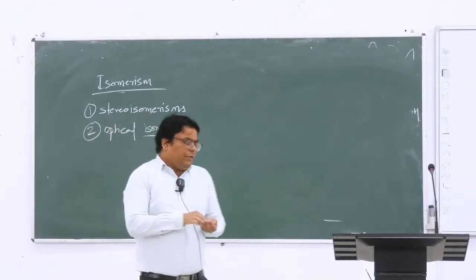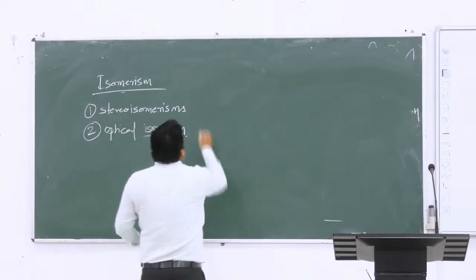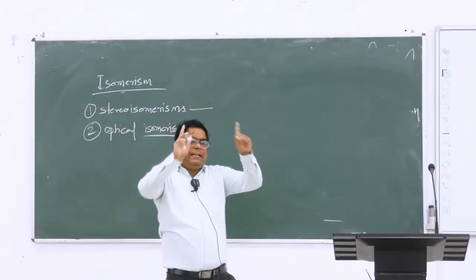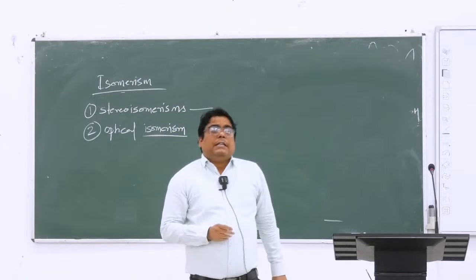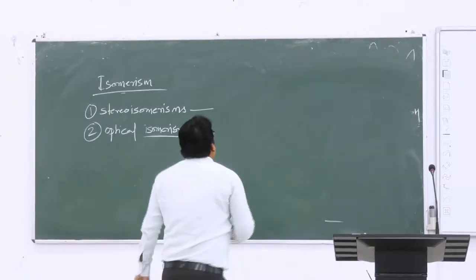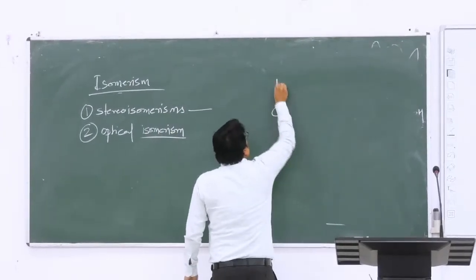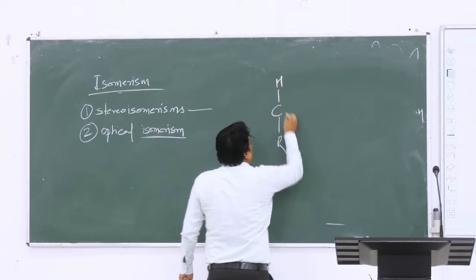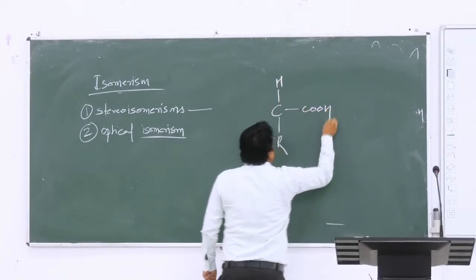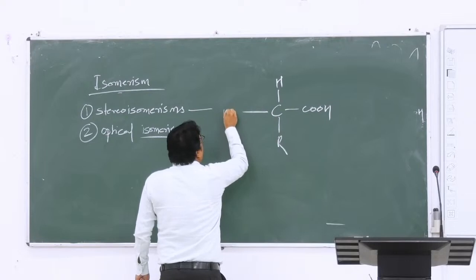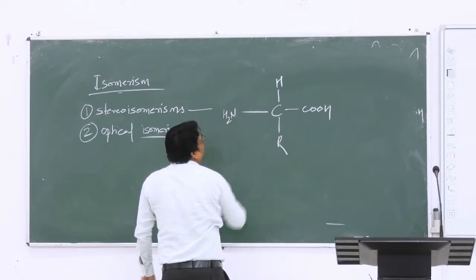Stereoisomerism is the spatial arrangement of atoms around the chiral carbon atom, which contains H, a COOH group, and an H2N group.